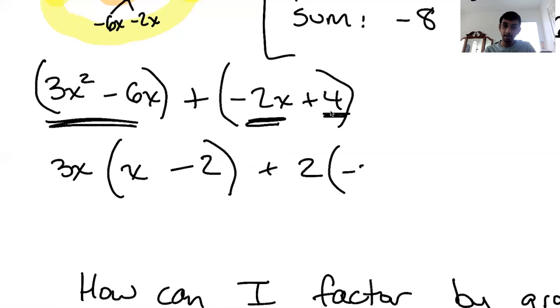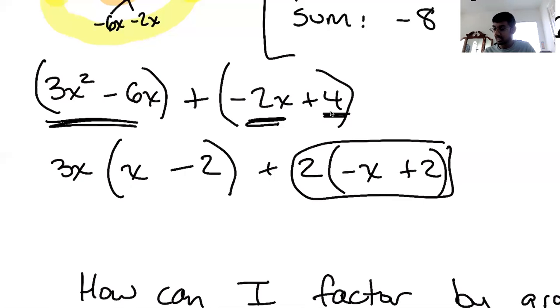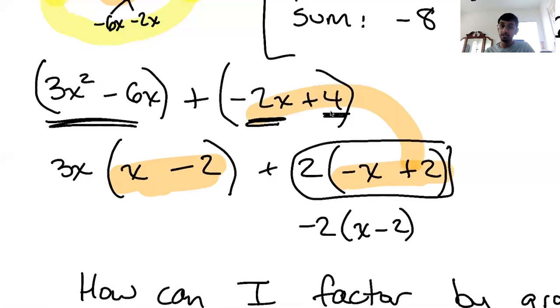So negative x. And if I divided 4 by 2, it would leave me with just positive 2. So now another way to write this out is to say negative 2 of x minus 2. And the reason I'm doing that is because we already have an x minus 2 here. So why not just make this equivalent to that so it's easier to use? So I'm making this equivalent.